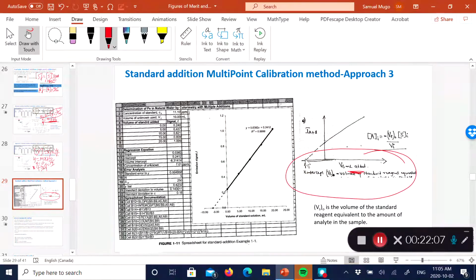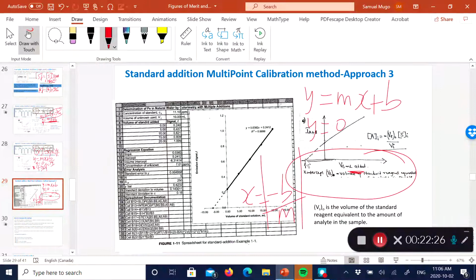Now, when you get the equation of the line y equals mx plus b, you get the x-intercept by setting y equal to 0, and so x is going to be minus b again divided by m, and remember we only take the magnitude of that. But this is going to be in volume, because the intercept here is actually a volume.